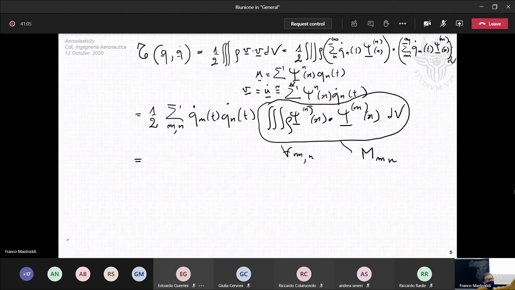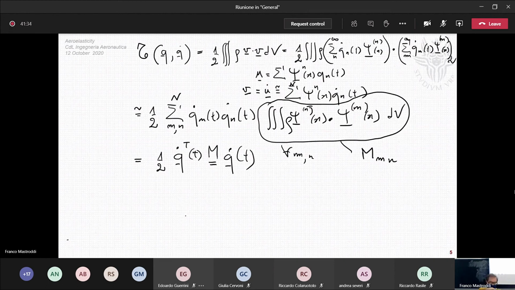If you take infinite finite elements, you have an exact rebuild of your model. But if you consider a truncation, finite elements, this is almost equal to this. So this kinetic energy is almost equal to 1/2 q dot transposed(t) times the mass matrix times q dot(t).